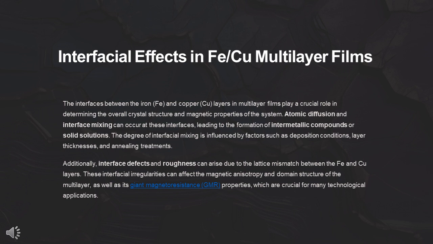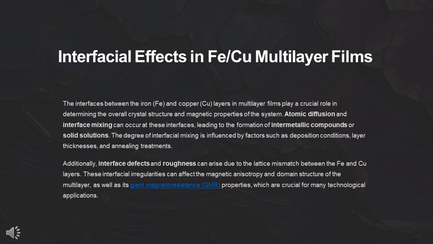The degree of interfacial mixing is influenced by factors such as deposition conditions, layer thicknesses, and annealing treatments. Additionally, interface defects and roughness can arise due to the lattice mismatch between ferrum and copper layers.